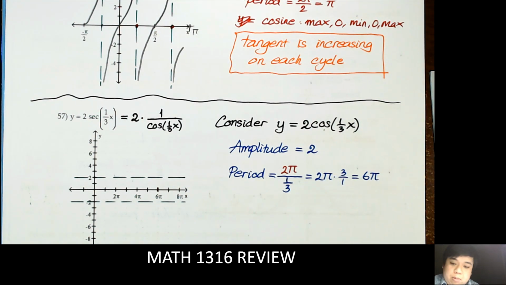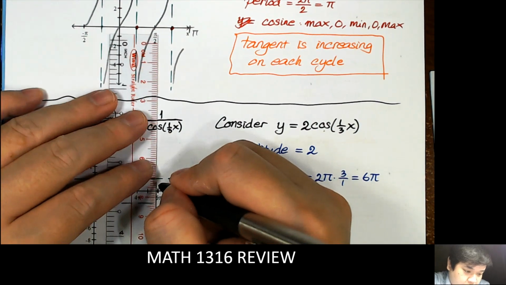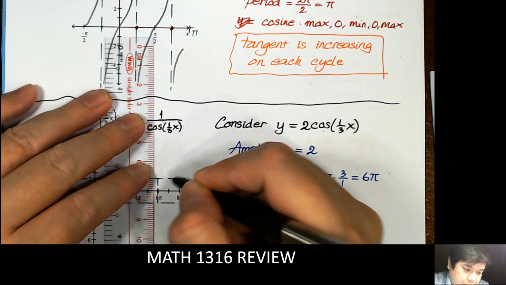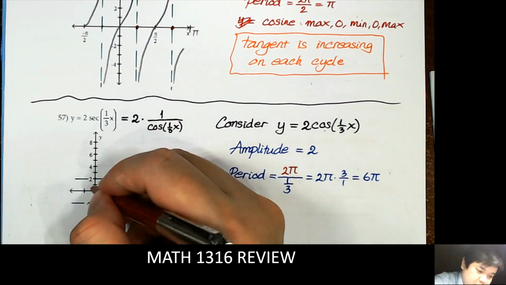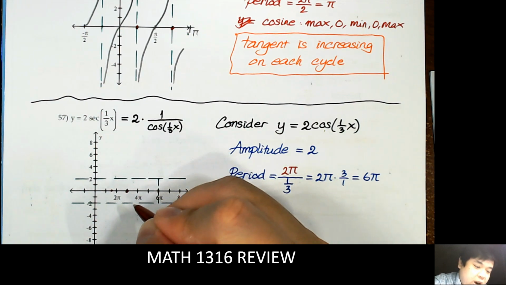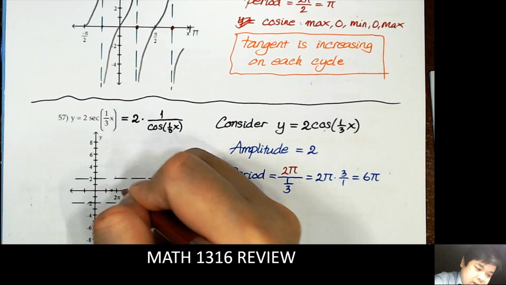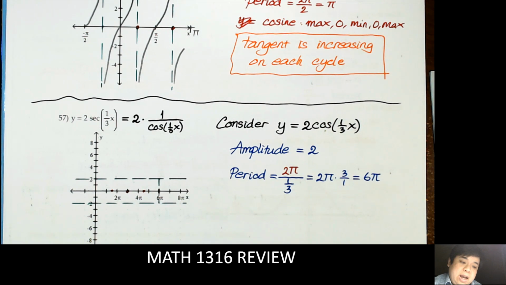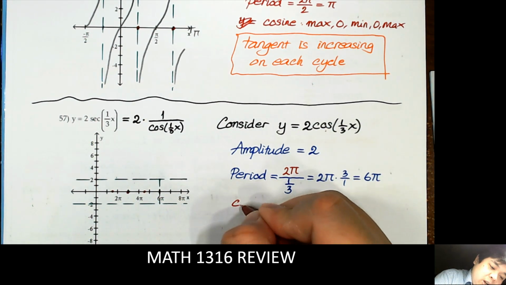So every time we have a period for sine and cosine, we're going to divide this into 4 equal segments. So 6 pi, halfway will be 3 pi, and halfway again will be 1.5 pi. So we have that. And then the pattern of cosine.